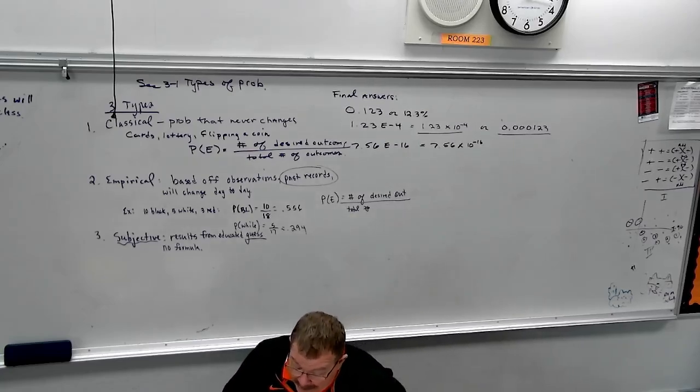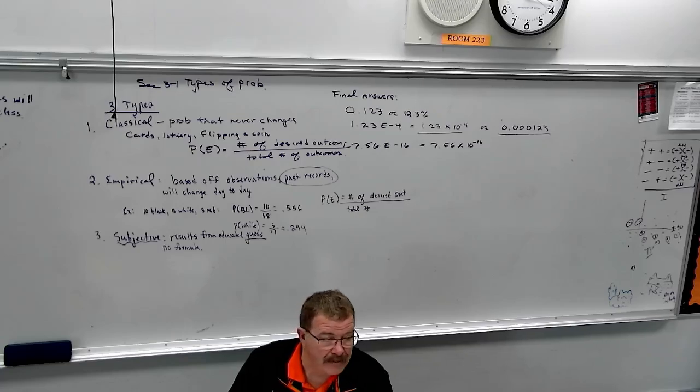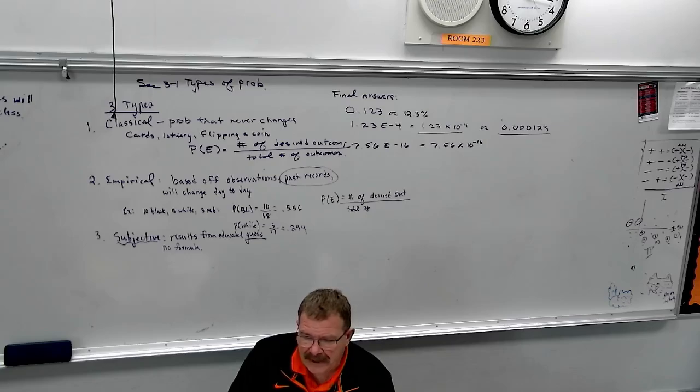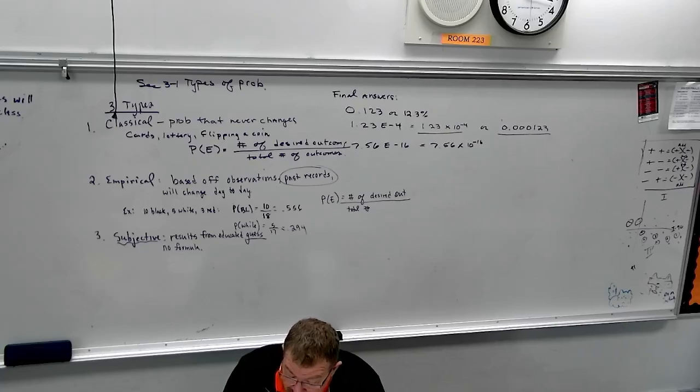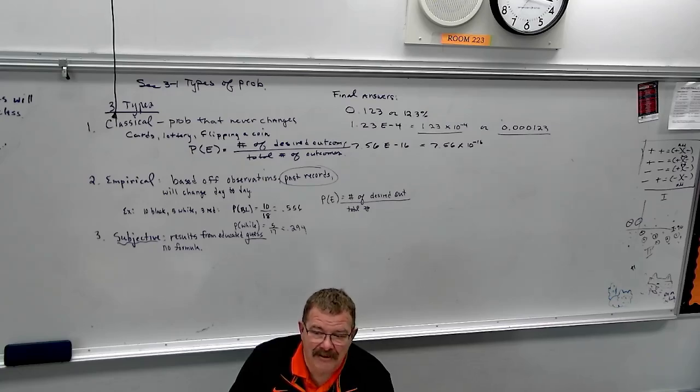How about the probability of winning a 1,000 ticket raffle with one ticket is 1 out of 1,000? Classical. Will it ever change? If you have 1,000 tickets, there's only one way to win it, 1 out of 1,000. The probability that you'll get an A on your next test is 0.9. Is there a formula for me to calculate that at all?